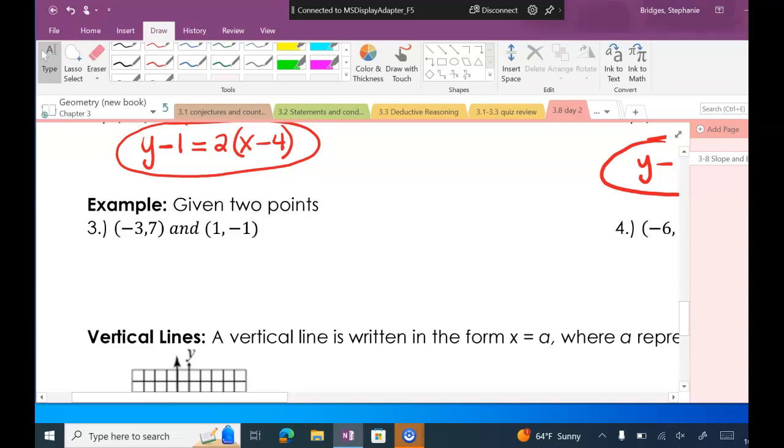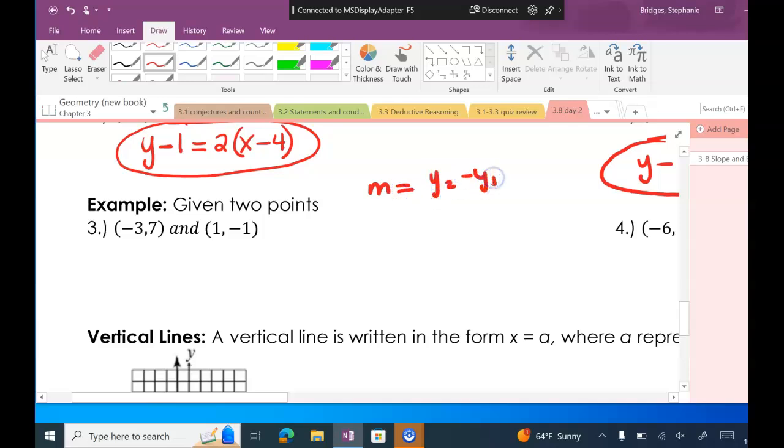In order to write an equation in point slope form, I have to have a point and a slope. What do I not have for this question? I don't have a slope. Do we know how to find a slope with 2 points? Yes. So we're going to have to do a little bit more work for these. We're going to have to find our slope first using that formula that we talked about yesterday.